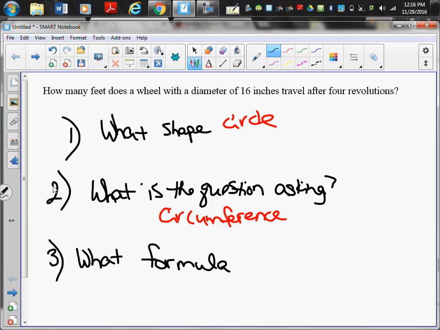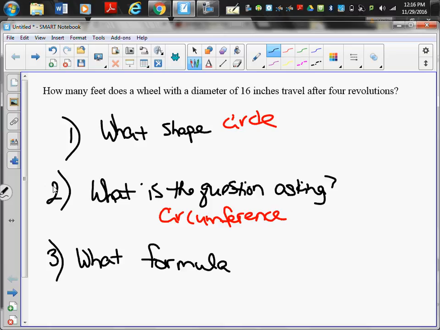So now I need to find what's the formula for the circumference. What's the formula for circumference? Deja. 2 times pi times radius.